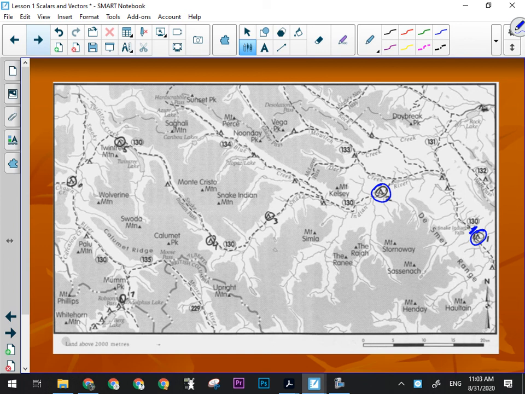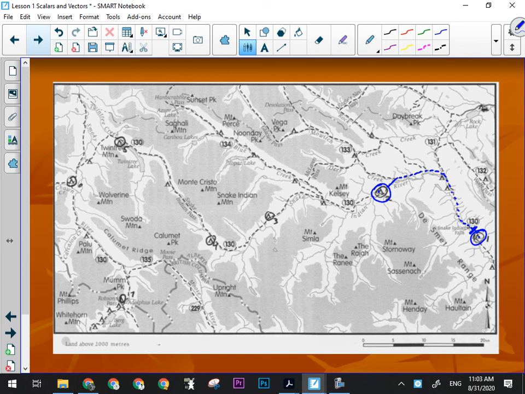Distance. Why is a scalar quantity better here than vector? What does that sign assume I'm going to do? Take the path. Yeah, exactly. The sign is going to assume I'm going to take the path, because this is the most logical way to get from A to B. So it's going to tell me that it's 28 kilometers to Snake Indian Falls Campground from here.